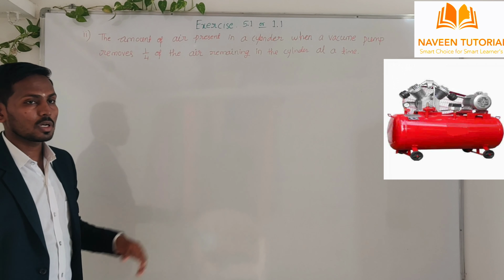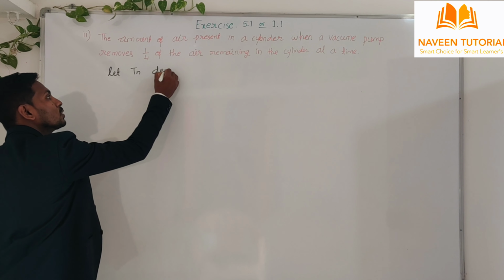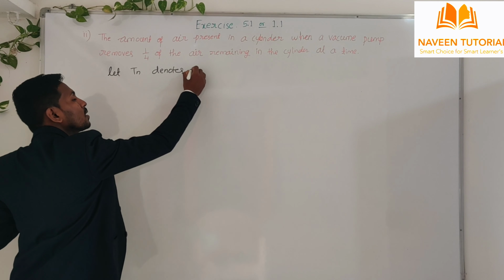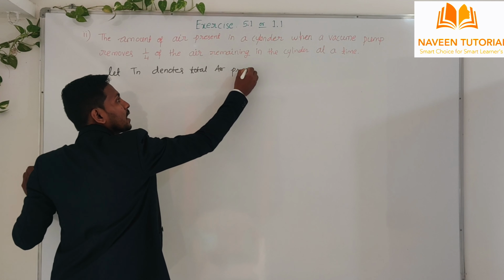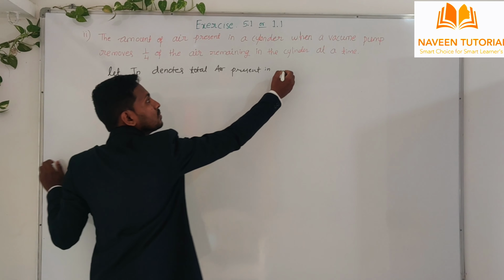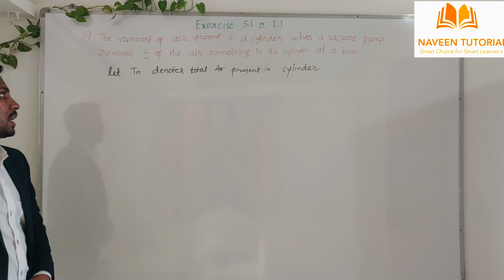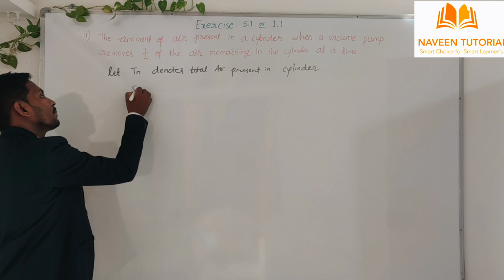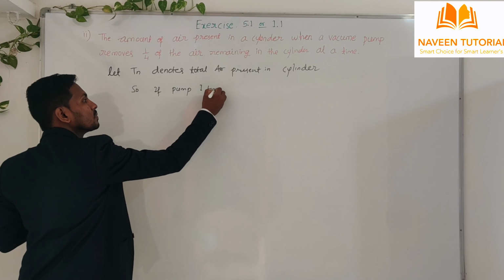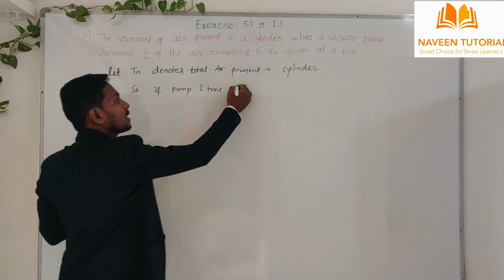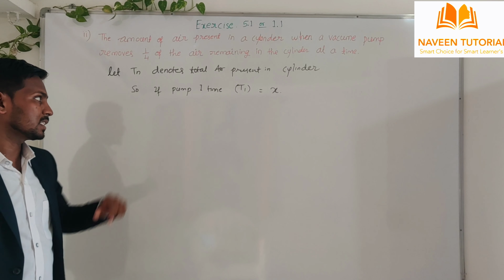Here we have some complete calculation. So let Tn denote the total air present in the cylinder. If we pump the first time, then T1 is equal to x; we take the 100% as x.